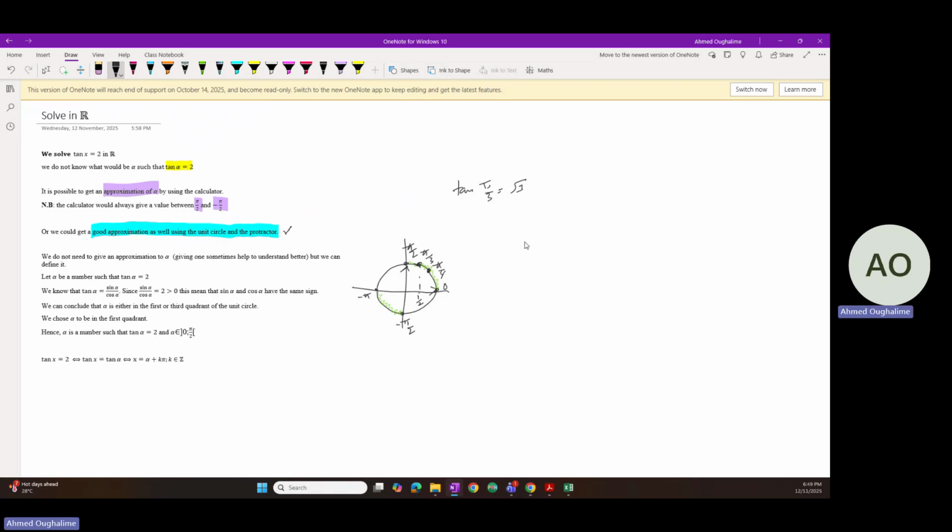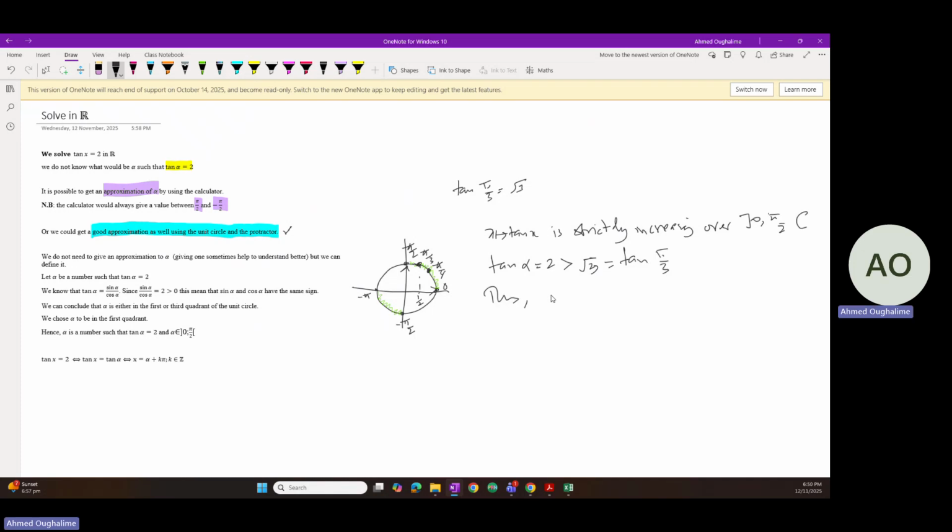These are some properties of the tan function. The tan function is strictly increasing over 0 to pi over 2. So tan alpha equal to 2, which is more than square root of 3, which is equal to tan of pi over 3.